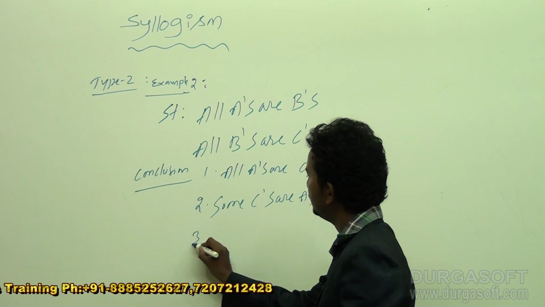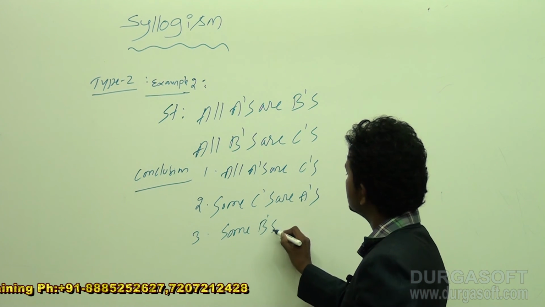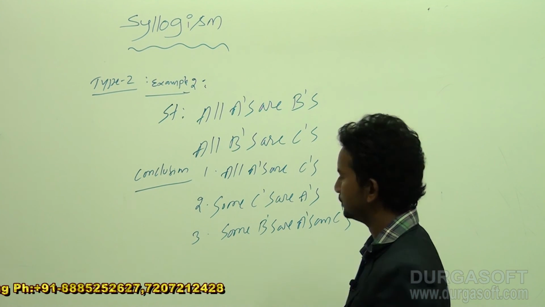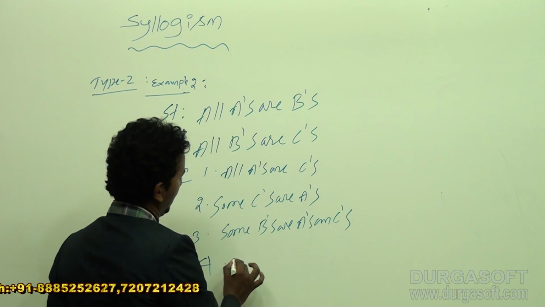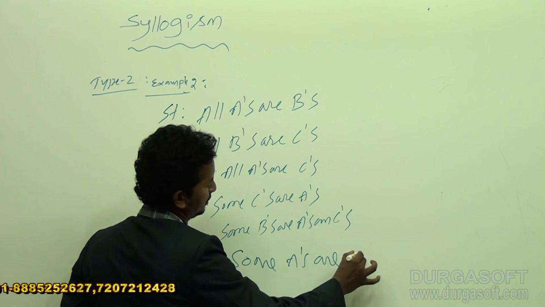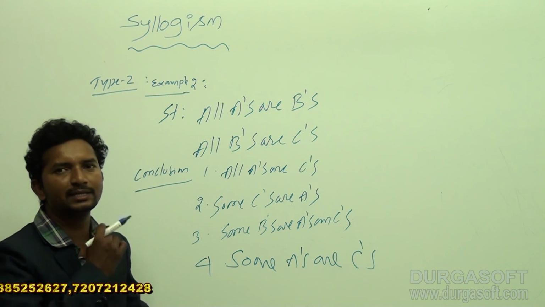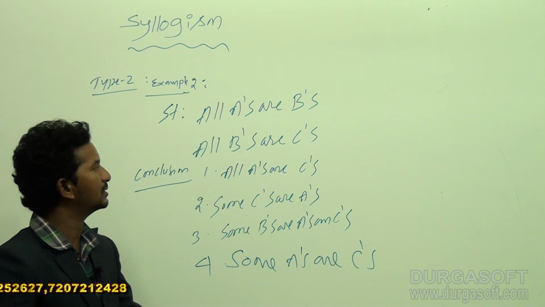Conclusion number 3: some B's are A's and C's. Conclusion number 4: some A's are C's. Now coming to the example 2: all A's are B's, some B's are C's.